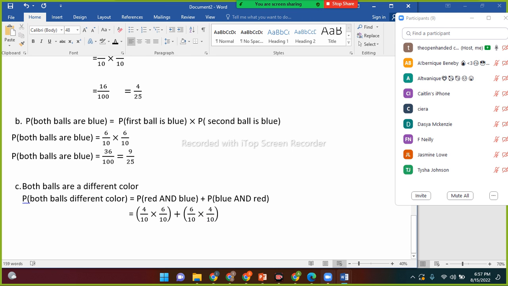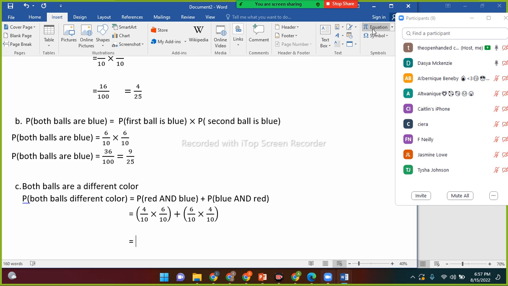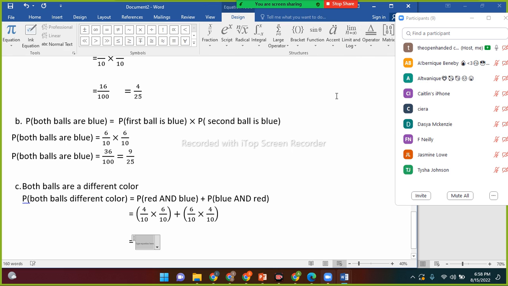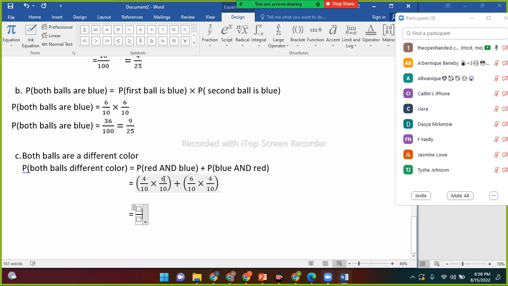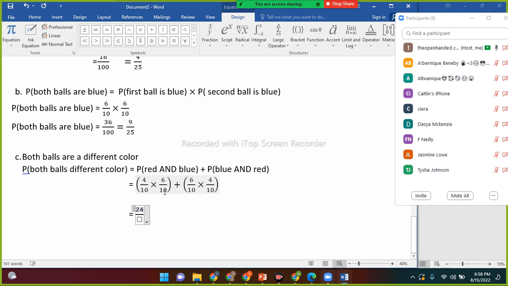So let's perform the computations here. What do we get for the first one? 24/100, because 6 times 4 is 24, and 10 times 10 is 100.